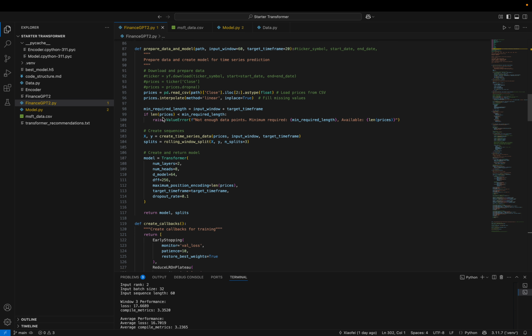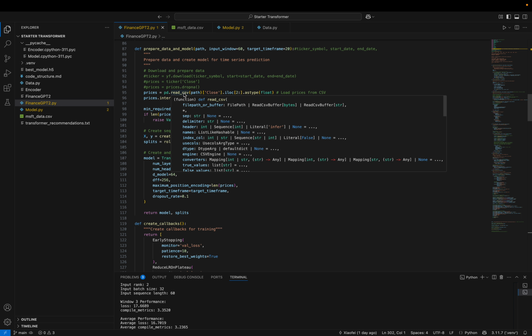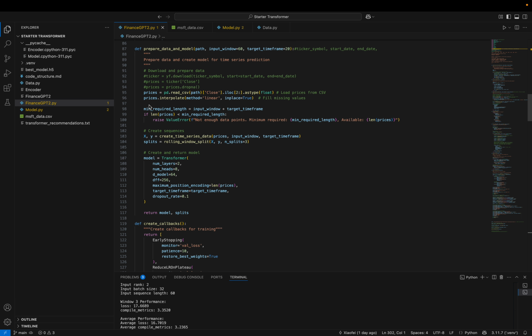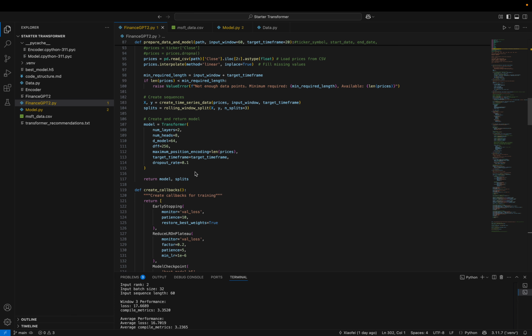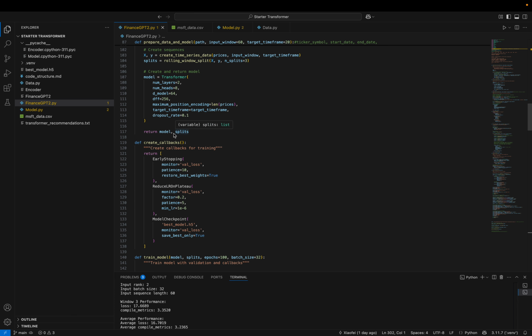It initializes the prices data frame, and it fills in the missing values using interpolation. And then this is just a check if the data set is large enough. And this creates the data. This splits the data into training and validation. This creates a transformer, and it returns the model and the splits.